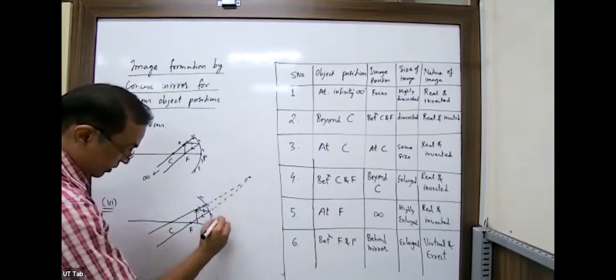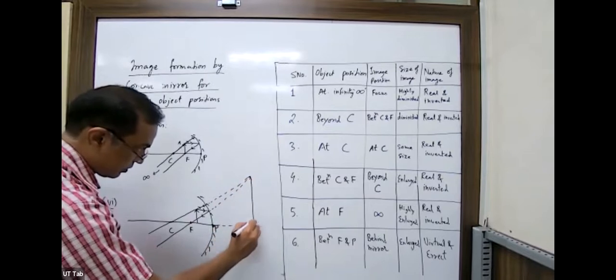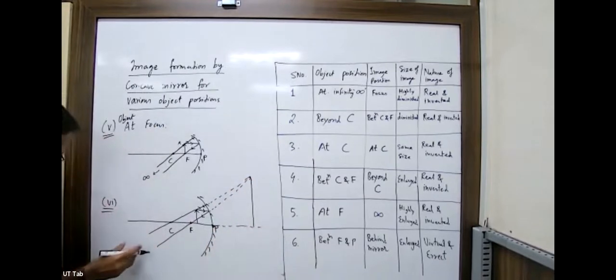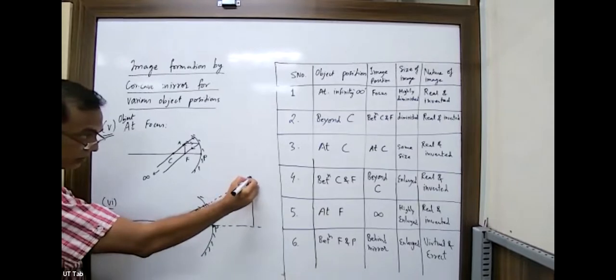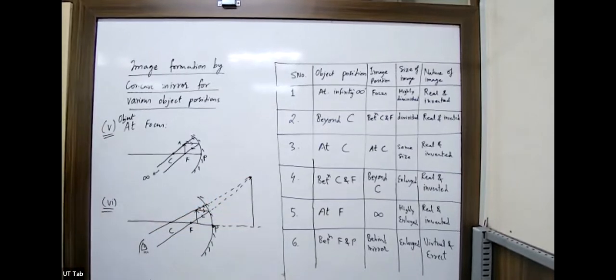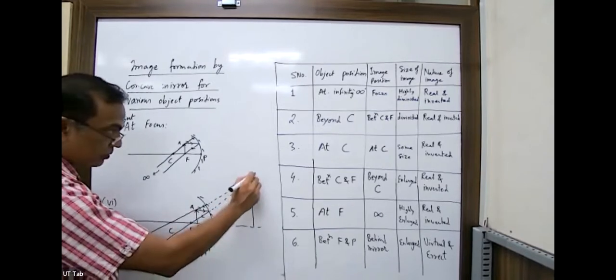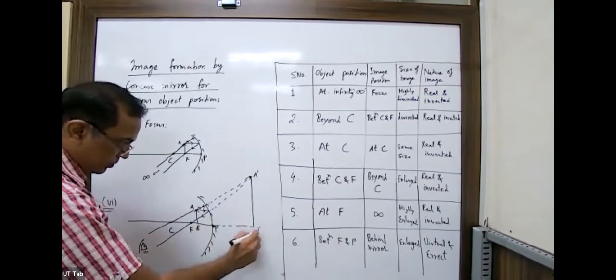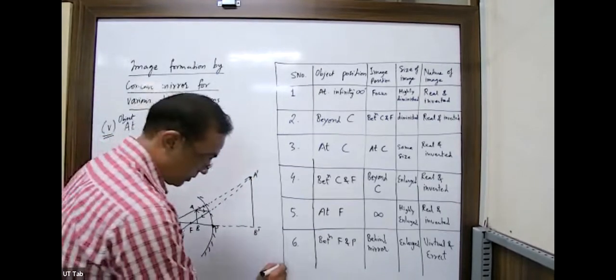Wherever these two rays meet, somebody observing from this side would feel that these rays are actually coming from this point. So the image will be there. So this is A B, this is A dash B dash.